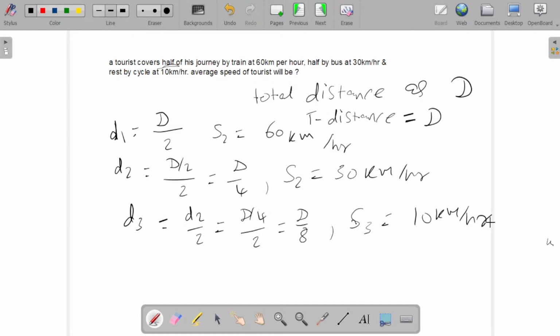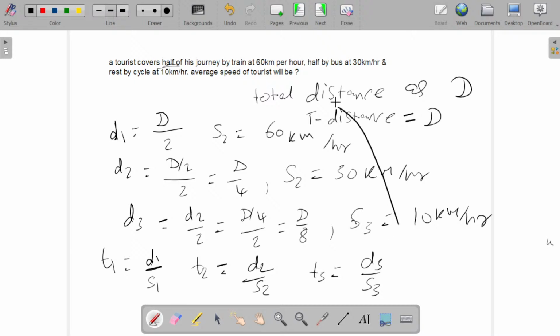So this is the data. As we know, there is nothing mentioned about time, so we will take t1 equal to d1 by s1, t2 equal to d2 by s2, t3 equal to d3 by s3. Okay, so we have the values of d, we have the values of s. Let's take a page.